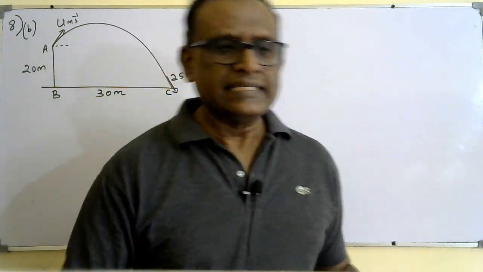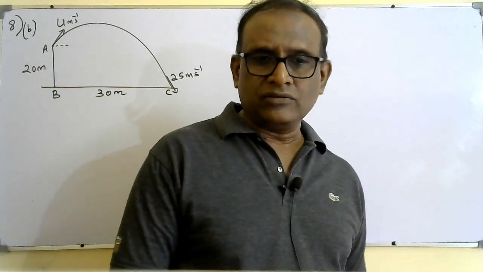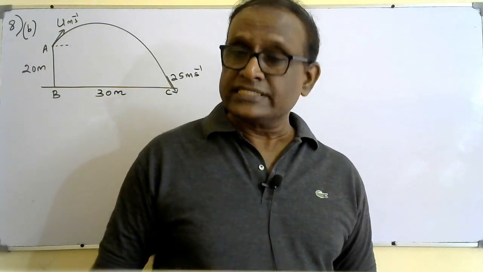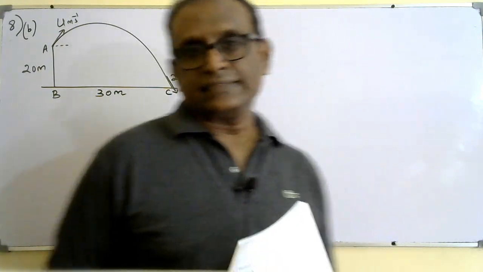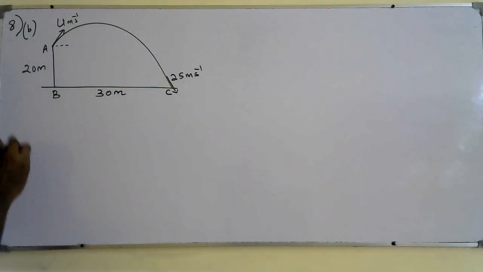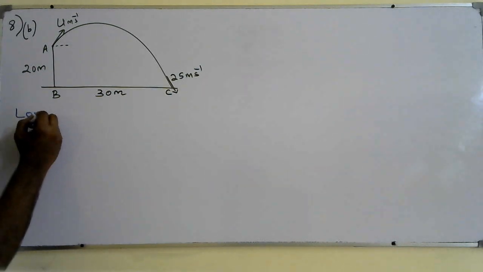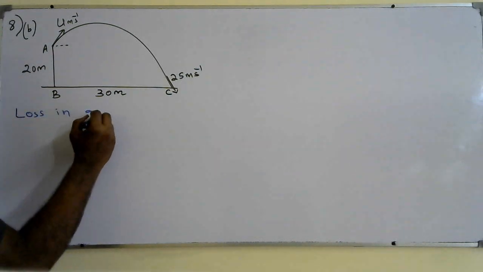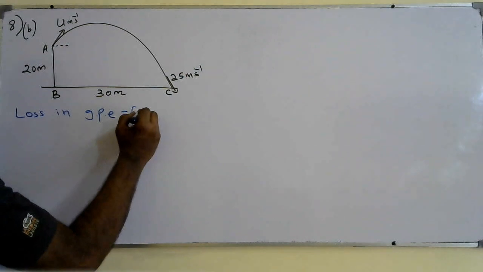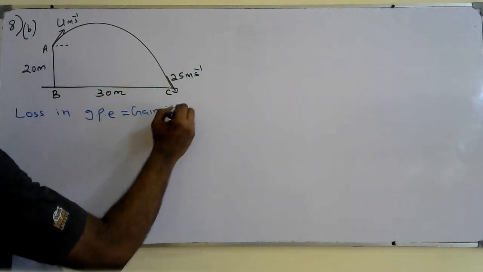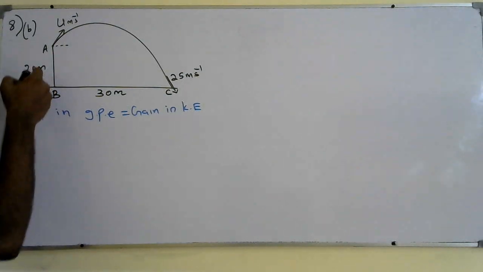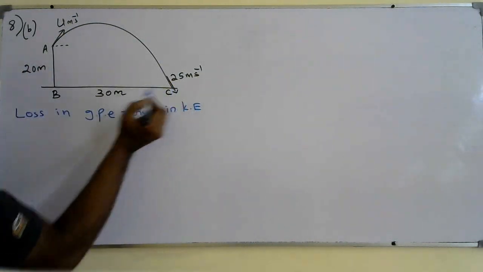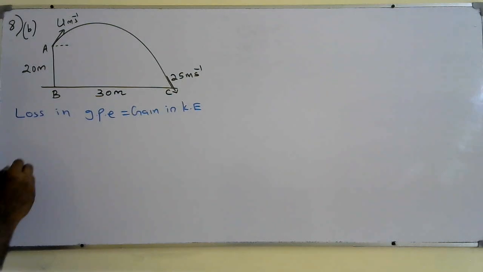Okay, so it's initially at A, finally at C. C is below A, which means loss in GP equals gain in kinetic energy. So loss in gravitational potential energy equals gain in kinetic energy. Loss in GP is mgh, h is 20 meters.